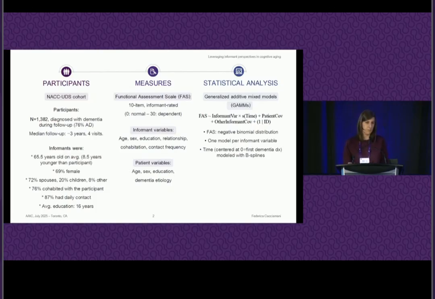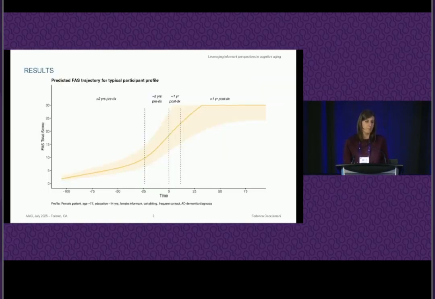So here you can see on the x-axis the time, which is centered at the moment of diagnosis, which is 0. And so we had negative values for the time before the diagnosis and positive values after the diagnosis. And you can see that the time was cut into 4 periods by the spline model.